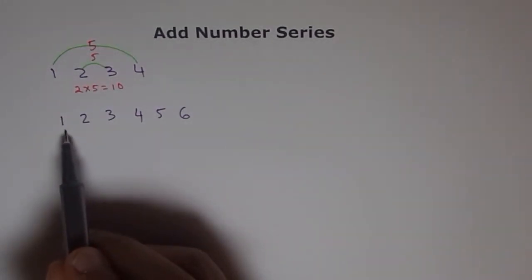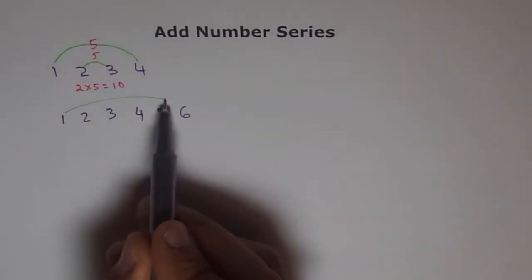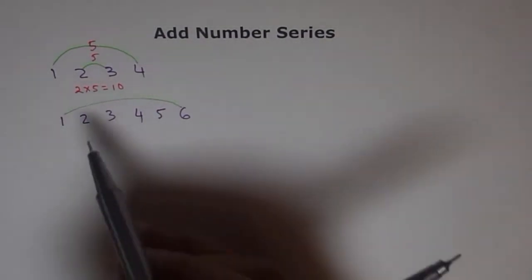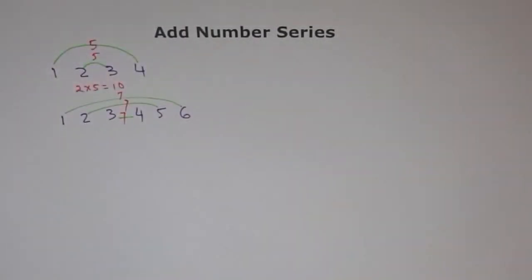What is 1 plus 6 equal to? 1 plus 6 is 7. Very good. How about 2 plus 5? Again 7. Perfect. How about 3 and 4? Well, that is also 7, right?